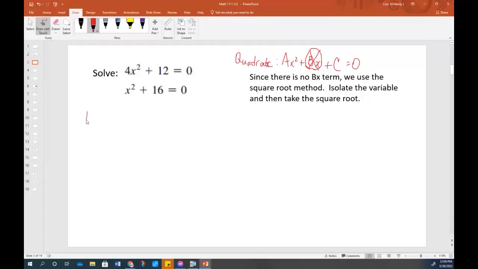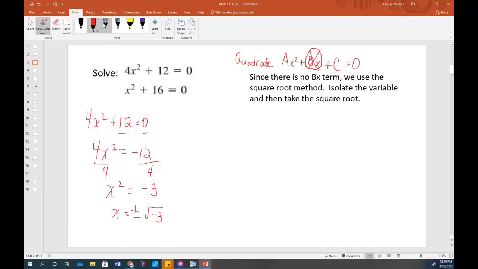But these are actually very quick to solve. It's not really any particular thing, although we call it the square root method. What you want to do is isolate the term that has the square. So I'm just going to subtract 12 from both sides here, and that will give me 4x squared equals negative 12. Divide both sides by 4. x squared equals negative 3, and then take the square root, so x equals plus or minus the square root of negative 3.